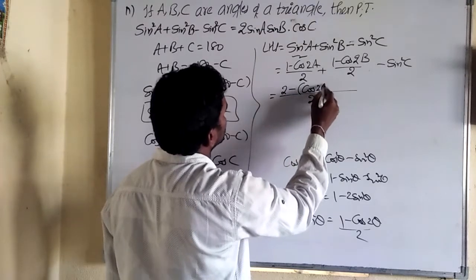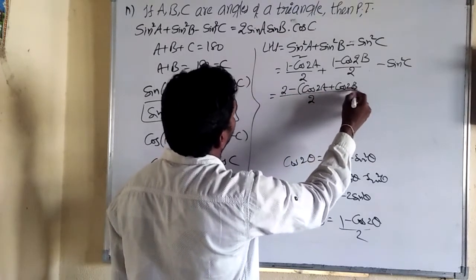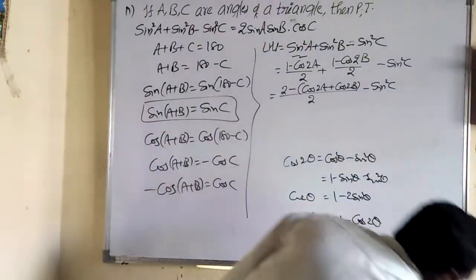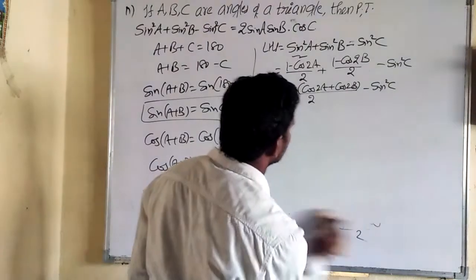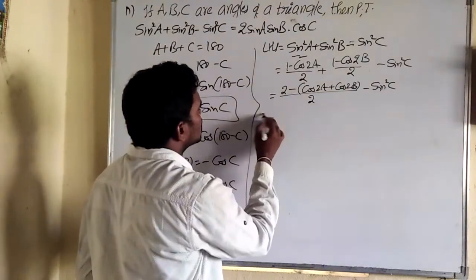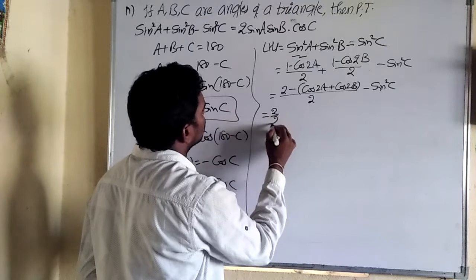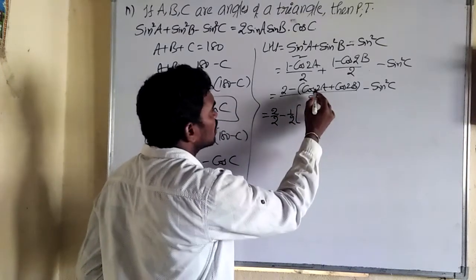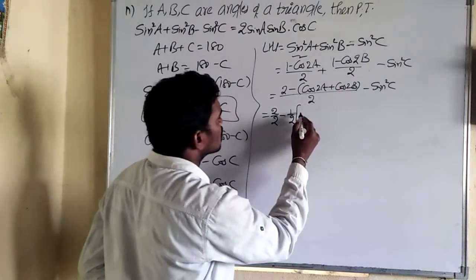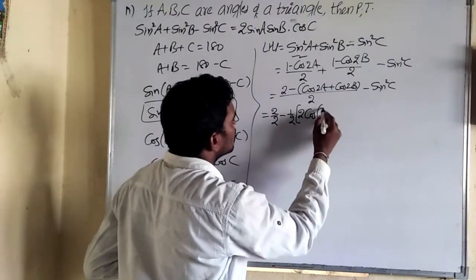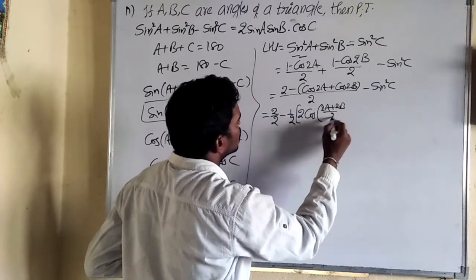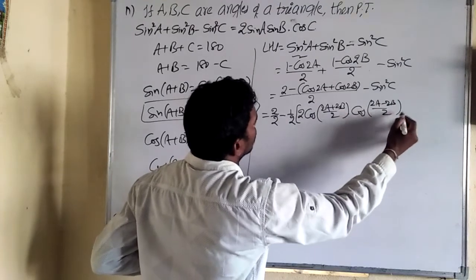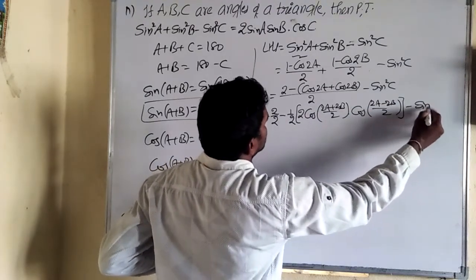Then it becomes 2 by 2 minus 1 by 2 into, this is in the form of cos c plus cos d, minus sin square c. Cos c plus cos d means what? 2 cos of 2a plus 2b by 2 into cos of 2a minus 2b by 2. Okay, minus sin square c as it is.